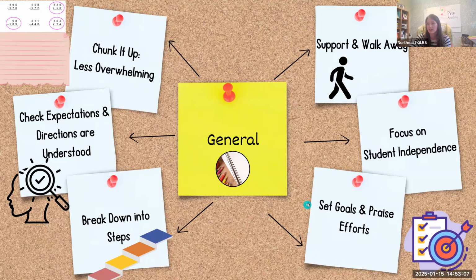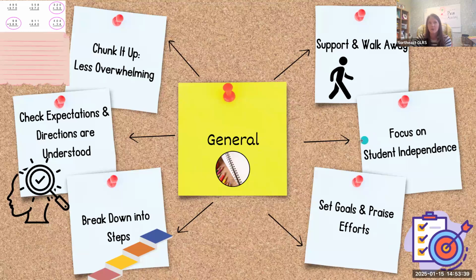Setting those goals and praising those efforts works every time in any class, outside on the playground, on the bus. It works everywhere. And focusing on student independence. We want to help our students, but we want to make sure that our help is not enabling them to perform at a less than optimal expectation.